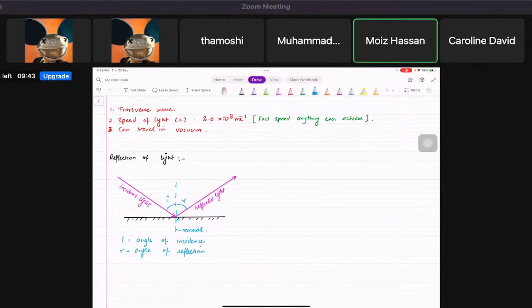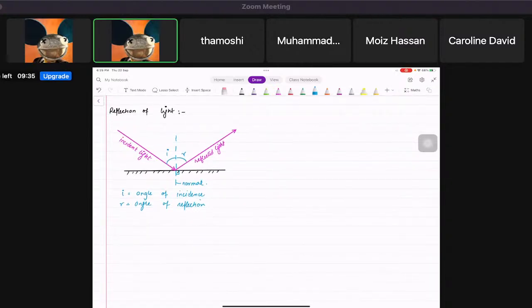Now the interesting thing here is that even if the surface is irregular, it does follow the same rules. But this time the normal changes, because the normal has to be perpendicular.